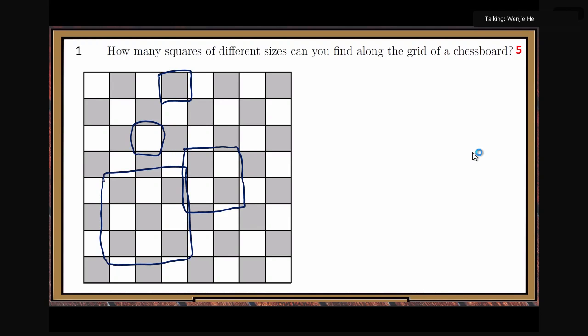In the whole chessboard, how many total squares of all different sizes can you find? It's a counting question, and we treat this as a computing problem. We need to do computation. We need to solve this problem.